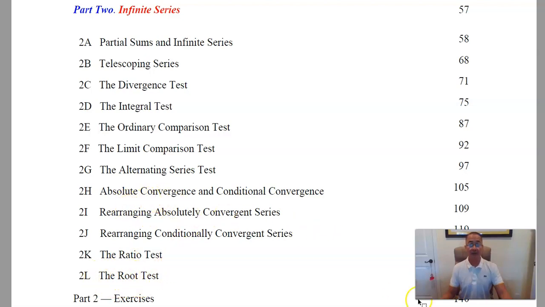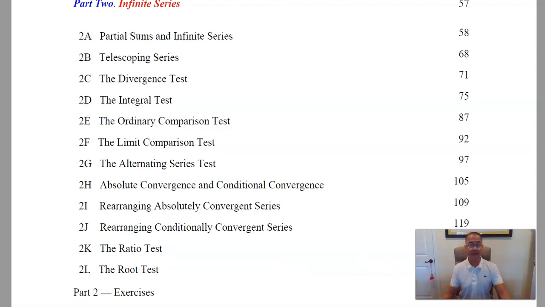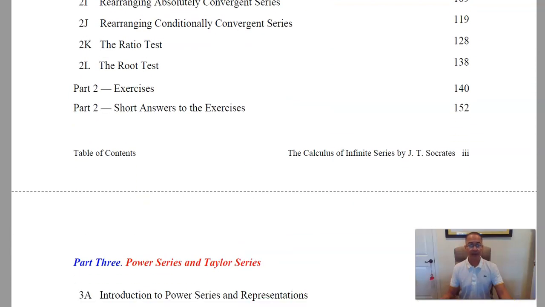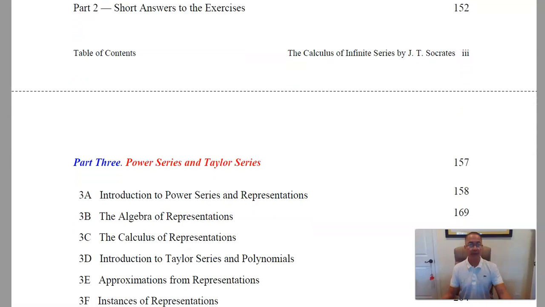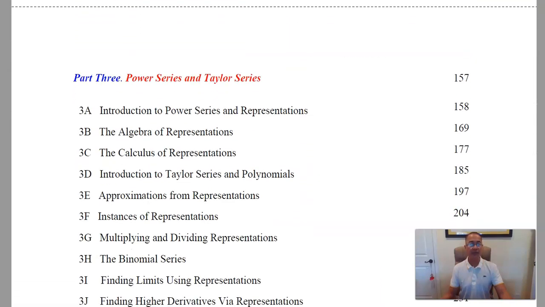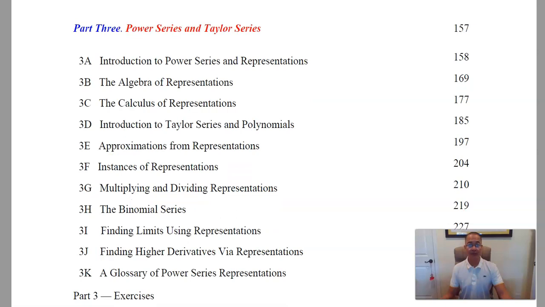Along the way, we'll talk about 2 different kinds of convergence for infinite series and why they are different from each other. All right, and later on, we'll talk about how we can use infinite series in order to create what are called representations of some familiar functions in calculus, such as trig functions, sine and cosine, and the exponential functions and logarithmic functions. So that will be coming a little bit later.